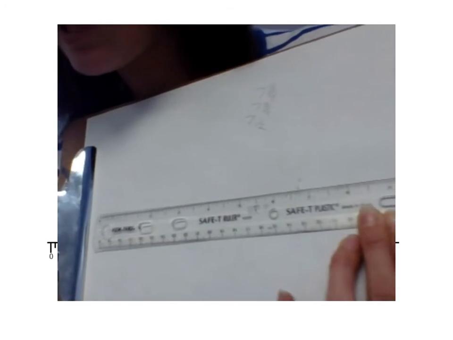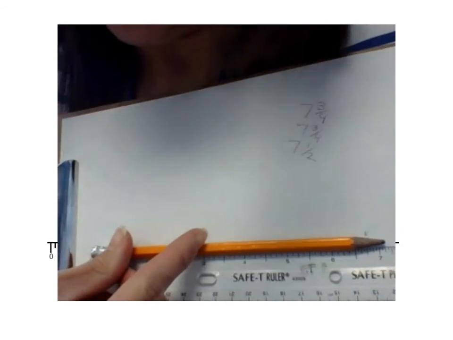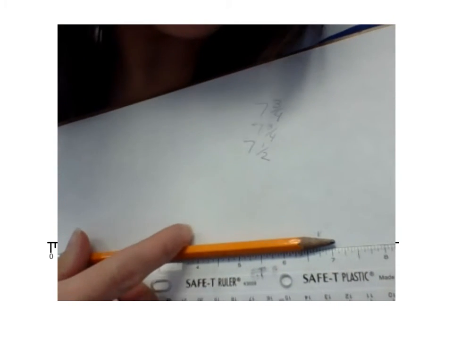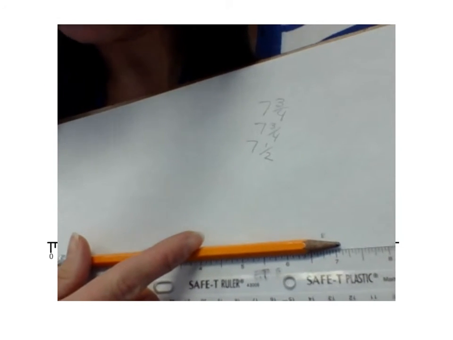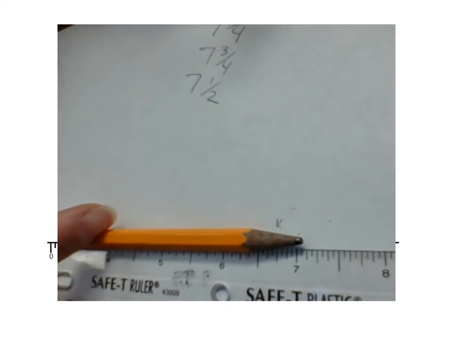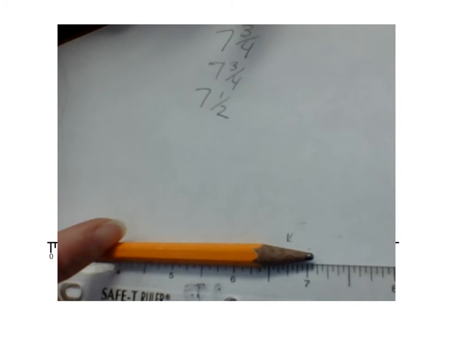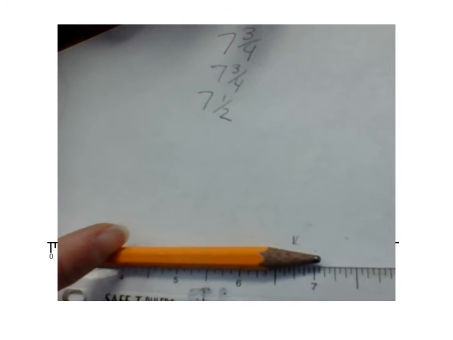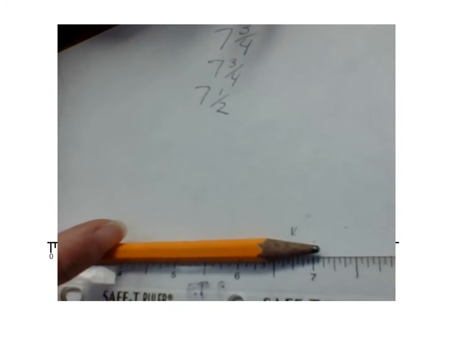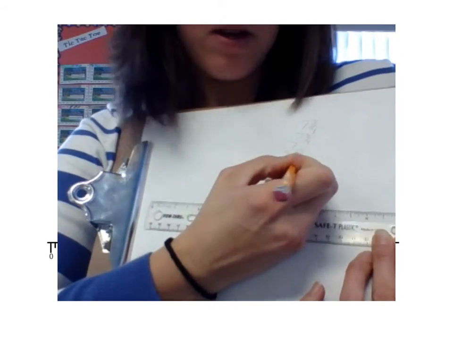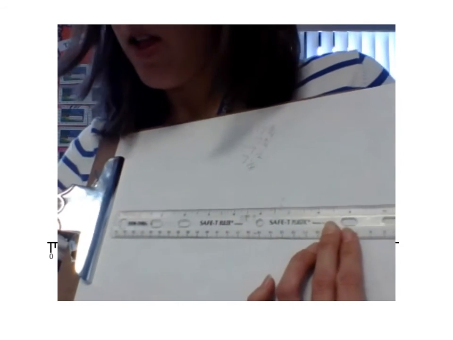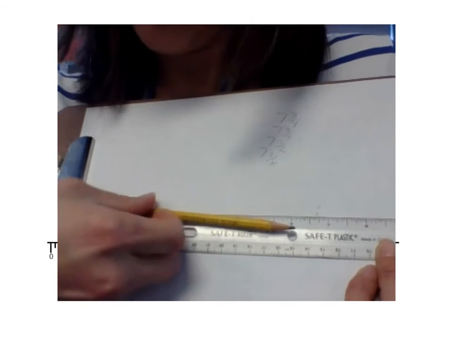My next pencil, I'll put on 0, and I'll measure all the way, and it looks like it's just beyond the 7-inch mark. If you look close, see it's just beyond the 7-inch mark, but it's actually closer to 7 1/8 or 7 2/16 than it is to 7. So I'm going to put 7 1/8. I'm missing a pencil here. Here we go. Here's my next pencil.